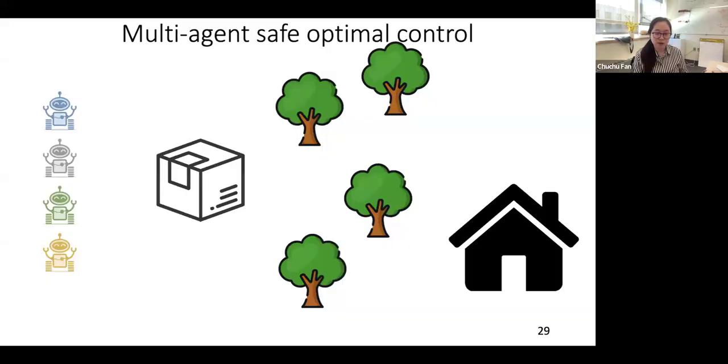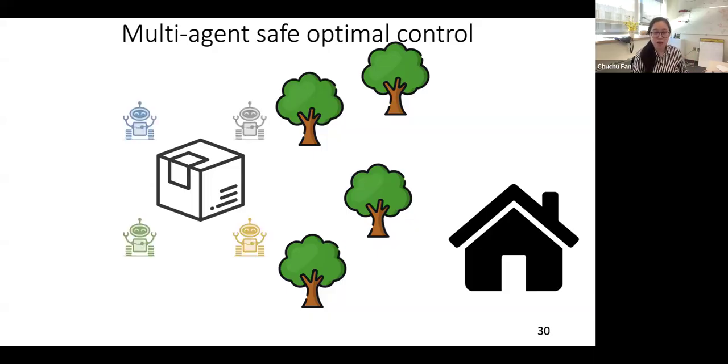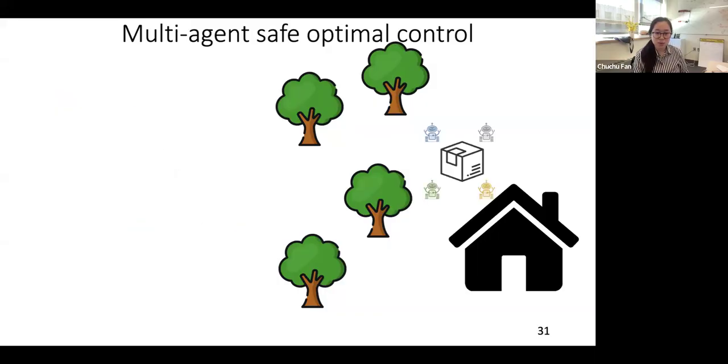So the setup is the following. We consider a multi-agent safe optimal control problem, thinking about a group of agents trying to push a very giant box into the destination, like in some sort of warehouse. What we want to do is learn a policy. More importantly, because we want to scale well, we want to learn a distributed policy.